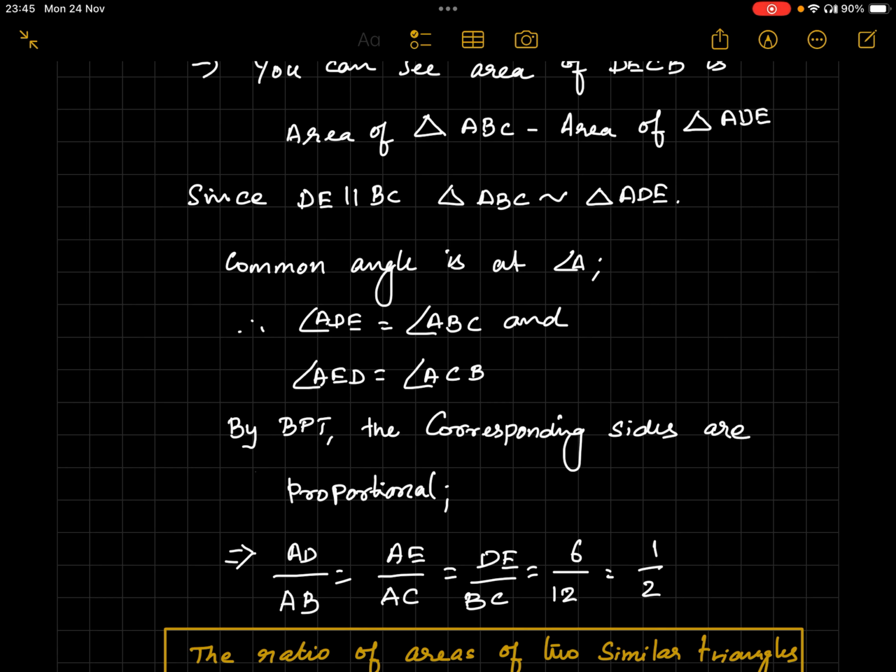And what are the corresponding sides here? AD and AB, AE and AC, and DE and BC. Since we have DE by BC equal to 6 by 12, that applies to all the corresponding sides. Therefore, the corresponding sides of the two triangles are in proportion 1:2.